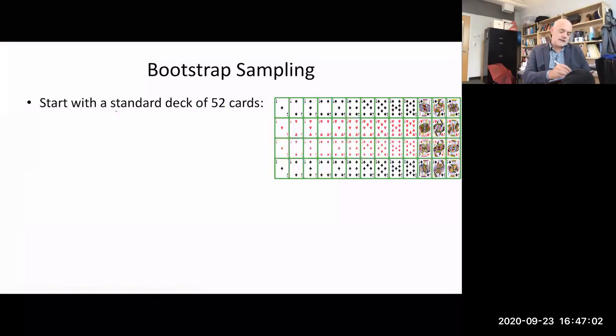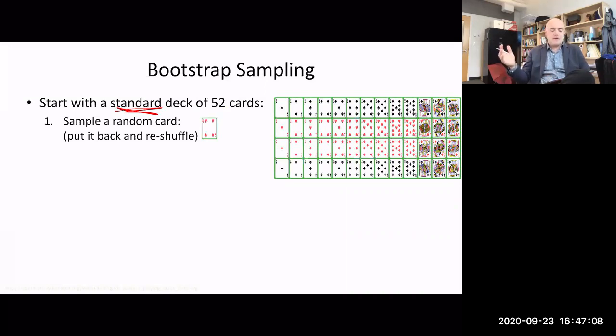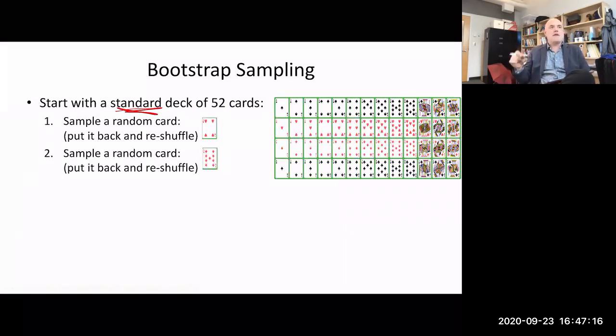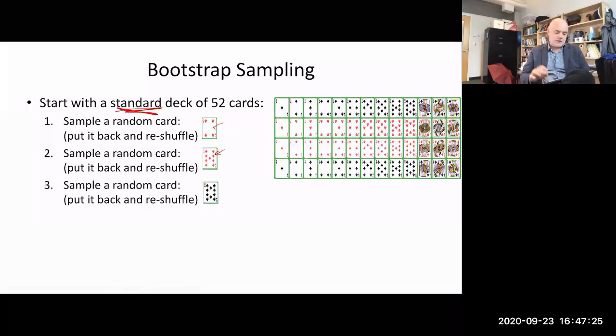So let's start with a standard deck of 52 cards, okay? To draw a bootstrap sample, here's the procedure. Sample a random card, put it back in the deck, shuffle. So you're getting independent draws from this deck of cards. Pick a random card, put it back in the deck, reshuffle. Remember this value, and so on and so forth. Pick a random card, put it back in the deck, reshuffle, okay?